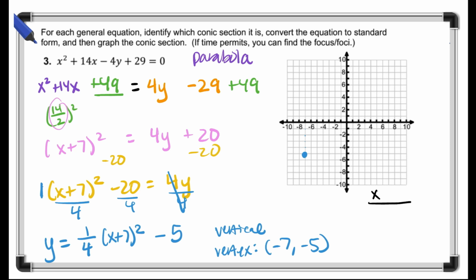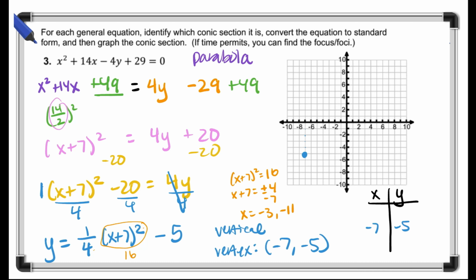All right, so we can find a couple other points here. We had our vertex, which was -7, -5. What we can do is look for some numbers that are easily divisible by 4 that we can square root. So try to find something that's 16. So I can get x plus 7 squared equals 16. You have the square roots of plus or minus 4. If you subtract 7, your x is either going to be -3 or -11.